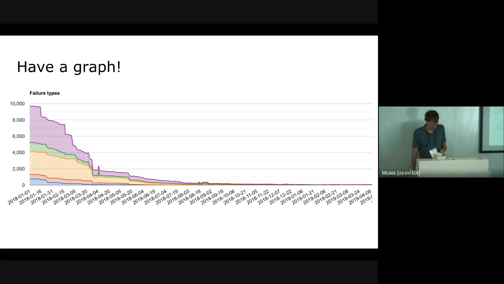Having a graph like this and checking back, going, oh, last month we were at 10,000 failures, now we're only at a measly 8,000 failures, is incredibly motivating. It obviously goes on a slope downwards. But even when you get to 1,000, you can go, oh, last month we were at 1,500. It's incredibly motivating. So have a graph. Graphs are awesome.